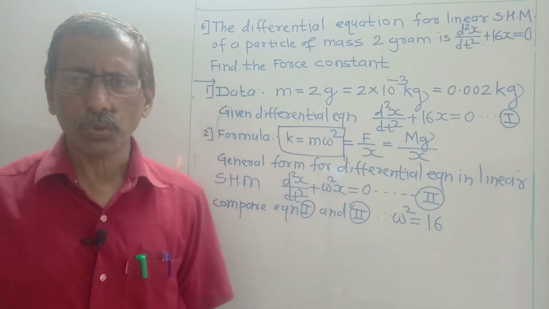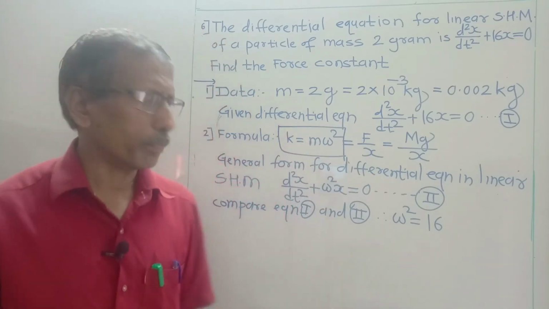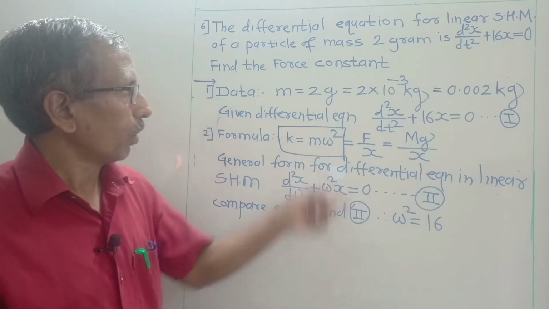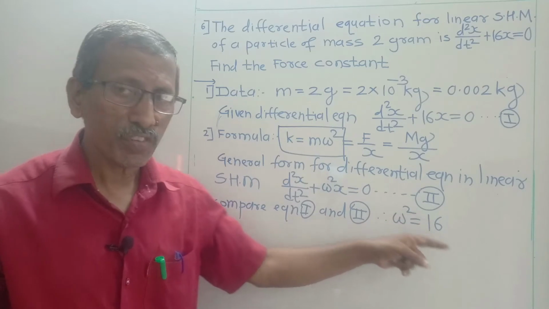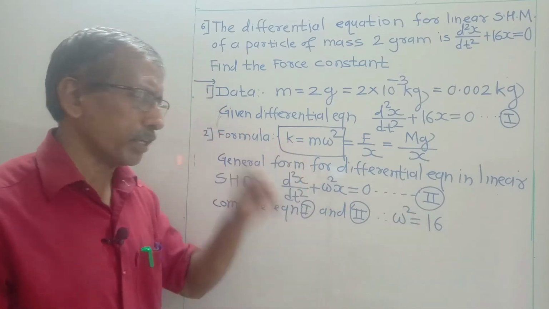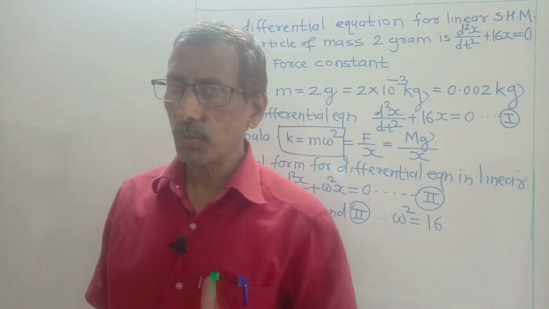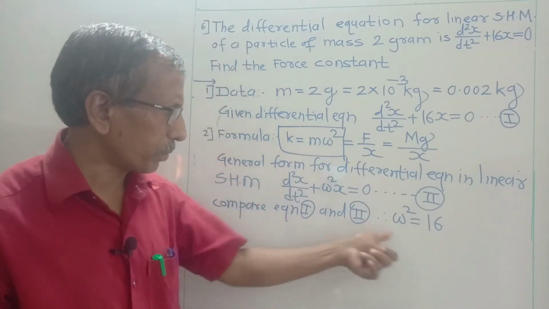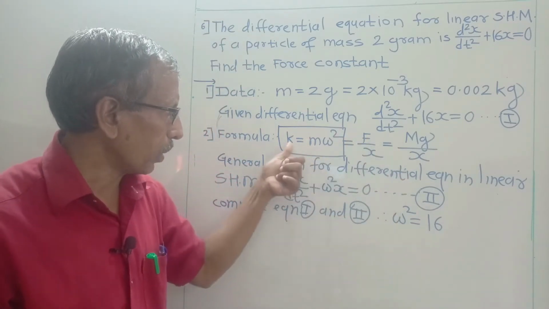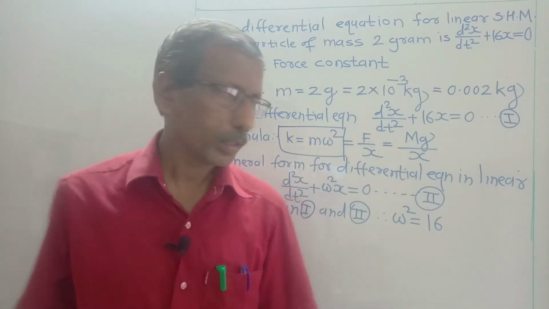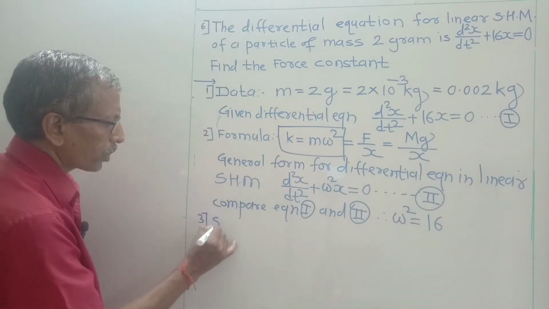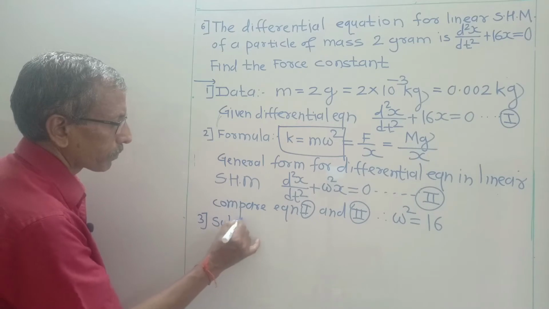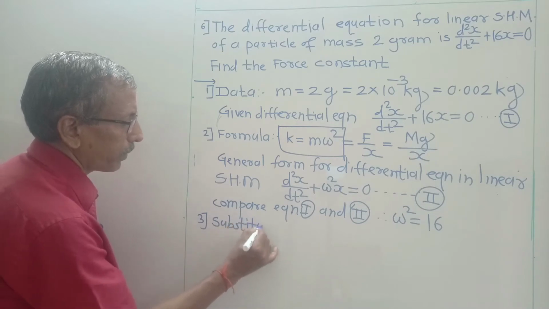This equation contains 3 unknowns. Out of them, one is given, and the other, omega square, we found. Only a single unknown is remaining and only one equation. When we substitute these 2 values here, what will we get? K. So the third step is substitution.